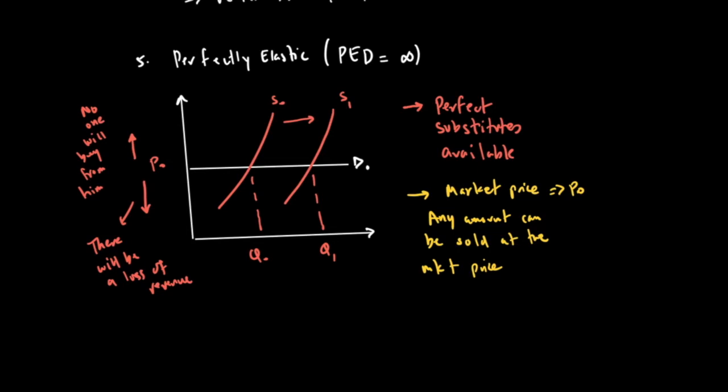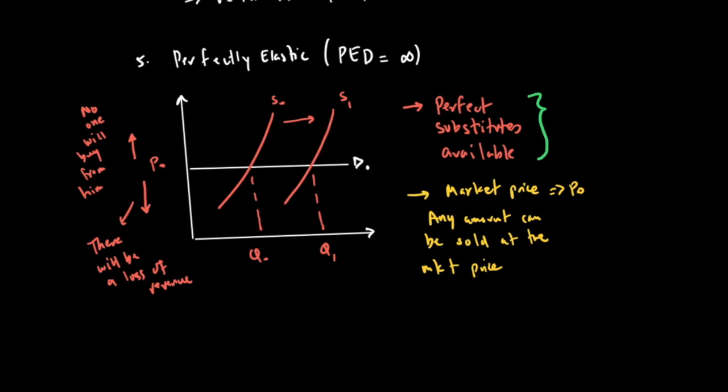So when demand is perfectly elastic, producers will only charge the price that is going in the market, because they are afraid they won't be able to sell anything above that price P0. And such is the case for goods where there are perfect substitutes available.